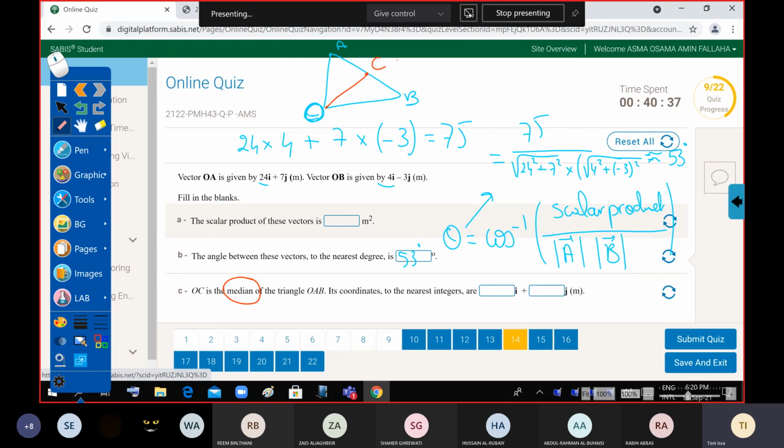How can I find the coordinates of the midpoint? So XC that they want will be XA plus XB over 2. And for the Y component of C, it will be YA plus YB over 2.